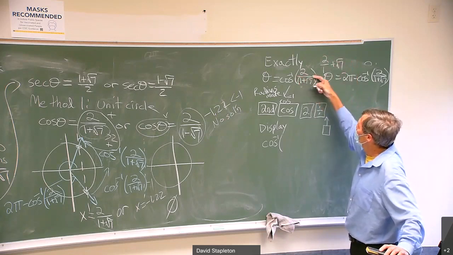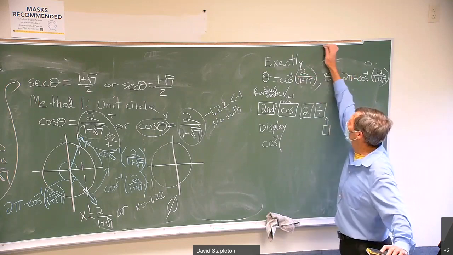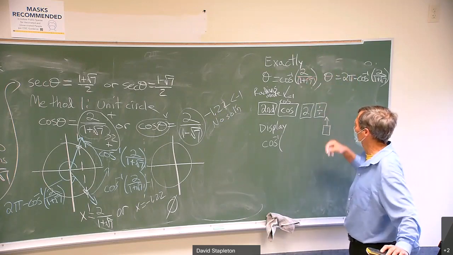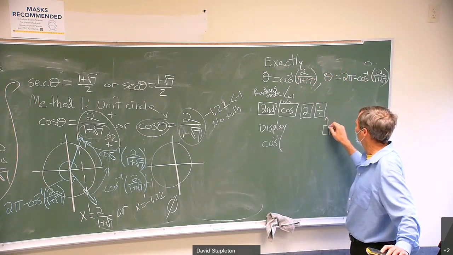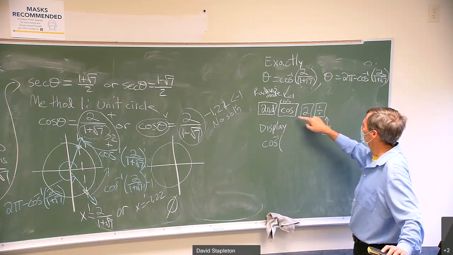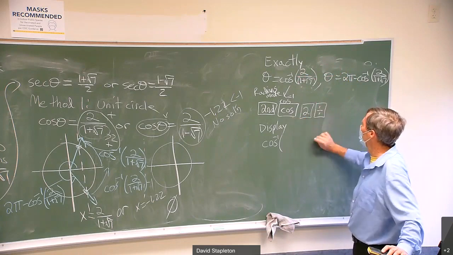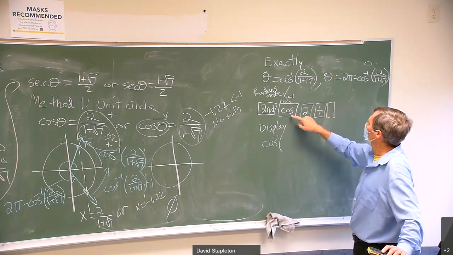So this long bar means there are implied parentheses here. If your calculator doesn't draw the long bar, you have to put these parentheses in. So I'm going to put in a parenthesis here, on this calculator at least.